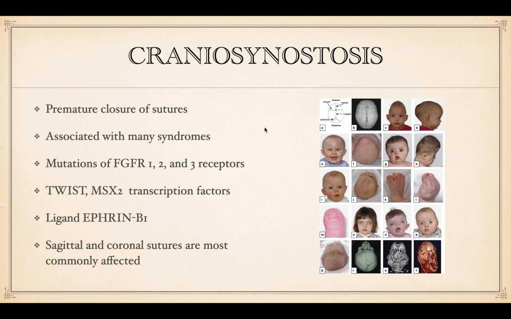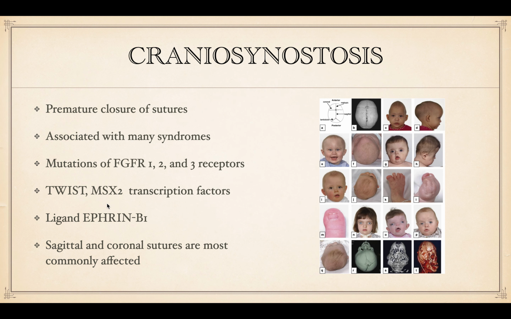So, as we were talking before, the premature closure of sutures can have a lot of problems because they're usually indicators of a lot of syndromes, and a lot of them are mutations of FGFR 1, 2, and 3 receptors, and those are associated with brain development and ossification.